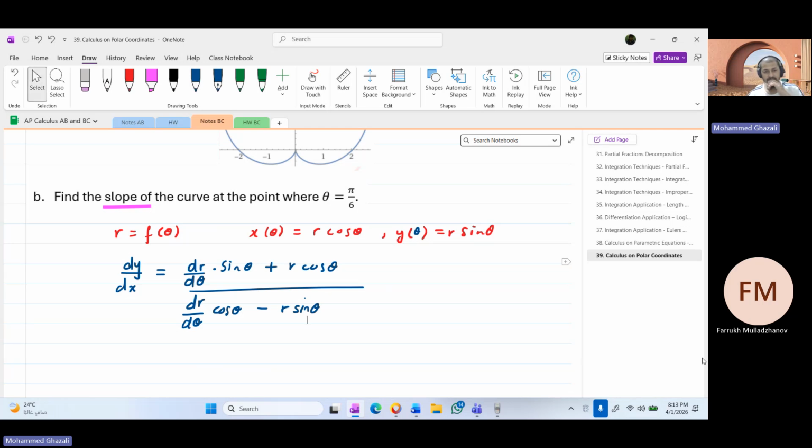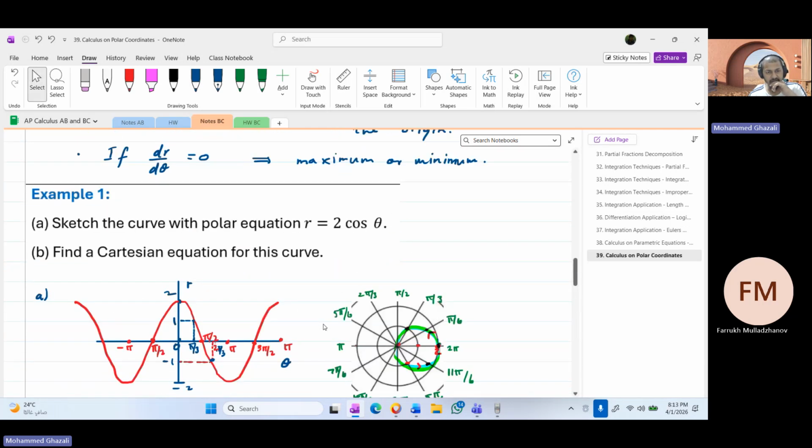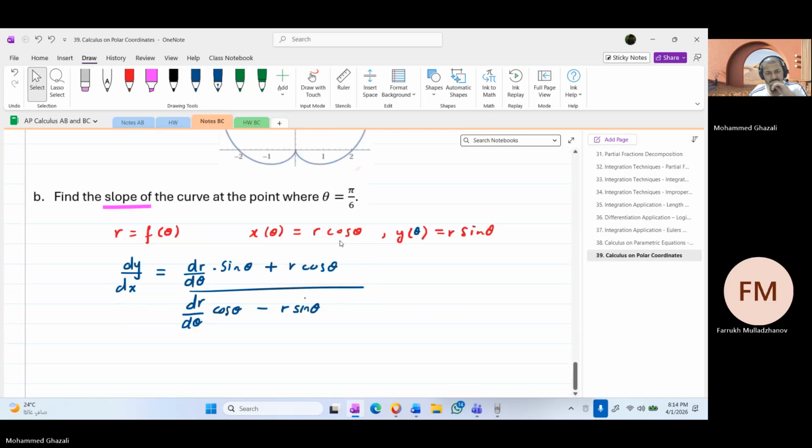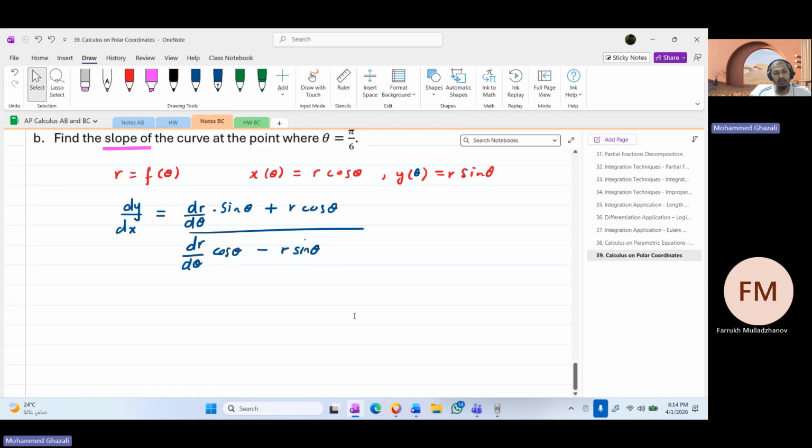Are we good? That's a formula I derived when we were doing calculus on polar curves. dr/d theta sine theta plus r cos theta over dr/d theta cos theta minus r sine theta. Are we good? Now, what is dr/d theta?